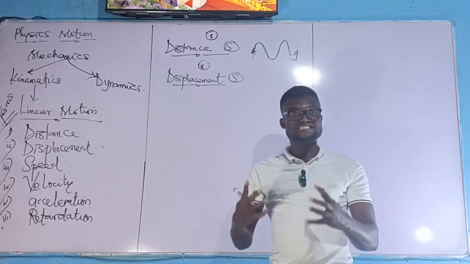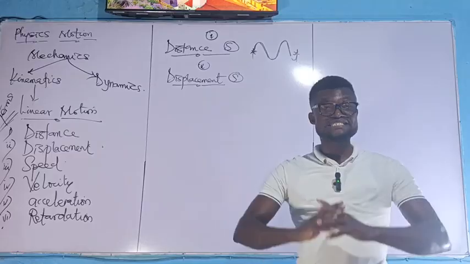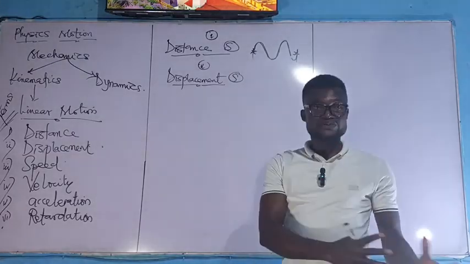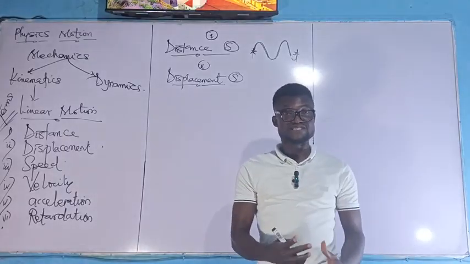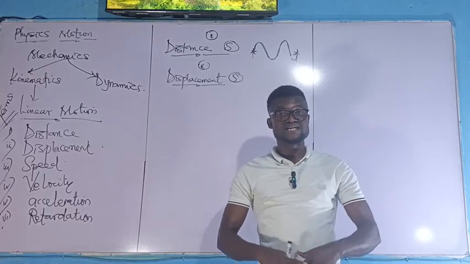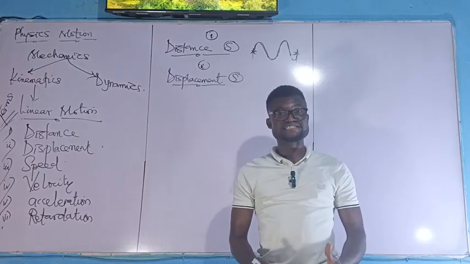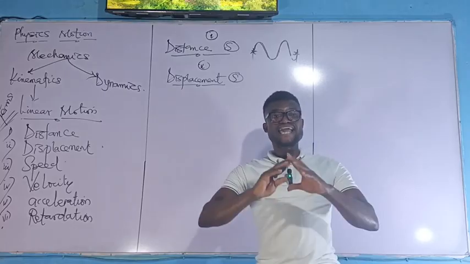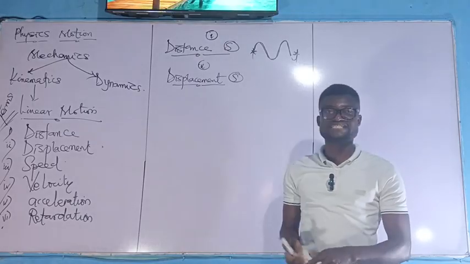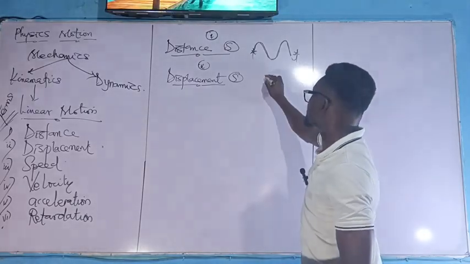Both distance and displacement are measured in meters. Other units of distance and displacement are multiples of units. We have centimeter, kilometer, decimeter, but the SI unit, which is the standard international unit of both distance and displacement, is the meter.